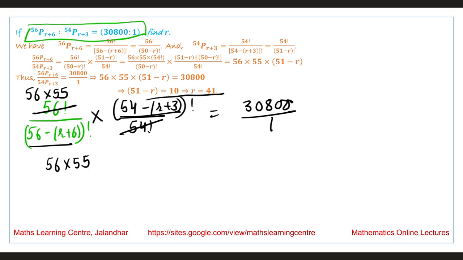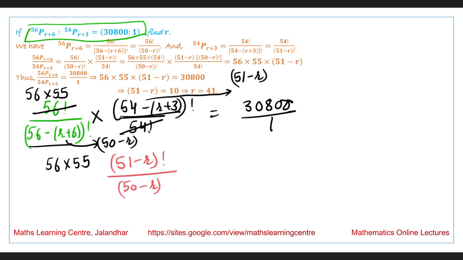On simplifying, we get 51 minus r factorial divided by 50 minus r factorial, and this value is equal to 30800.